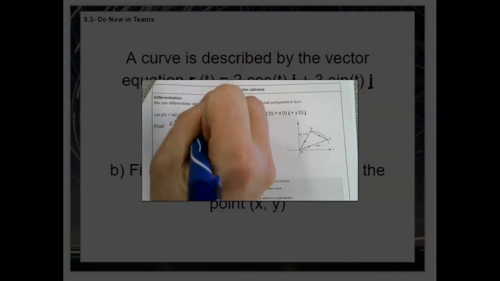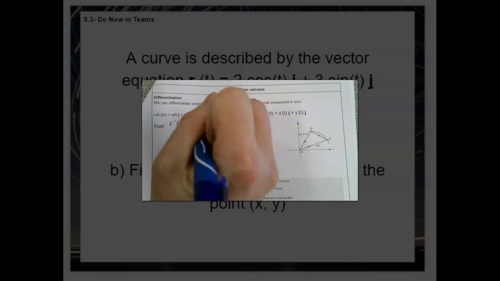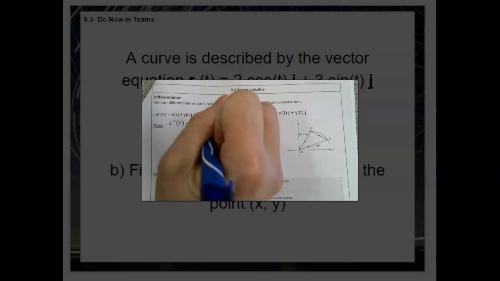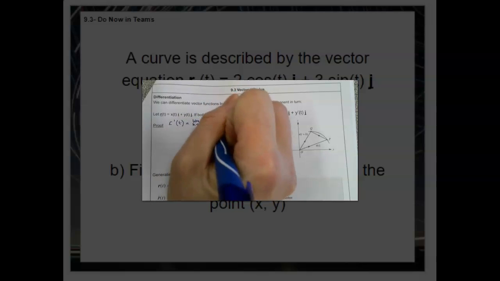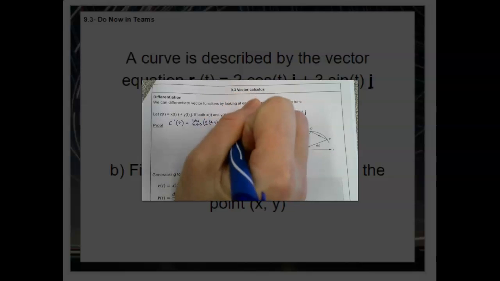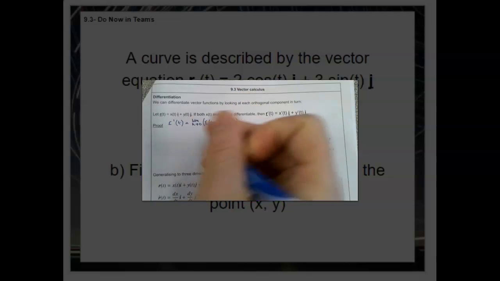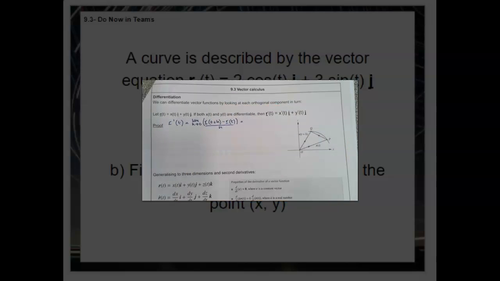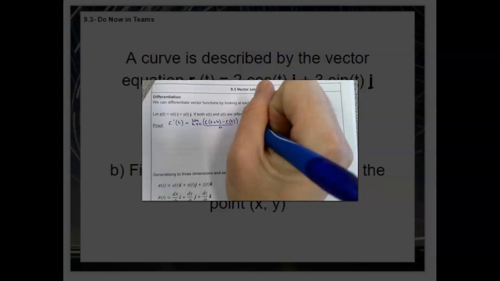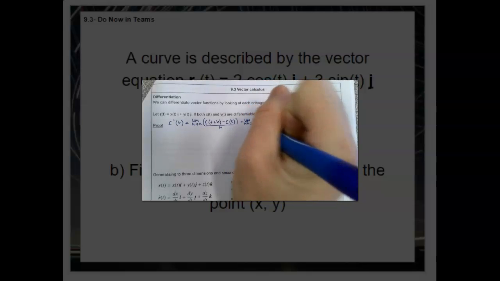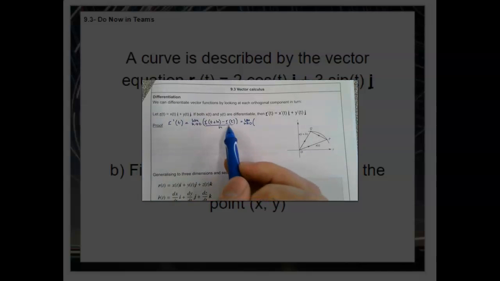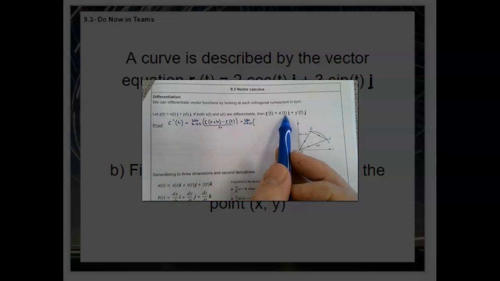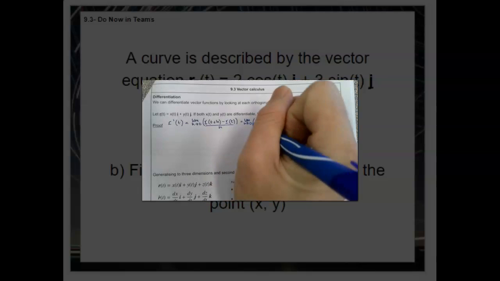Using what I already know about the definition of a derivative, that's going to be the limit as h tends to 0 of r of t plus h minus r of t all over h, so change in y over change in x. And we're going to expand our definitions for r in terms of i and j components.